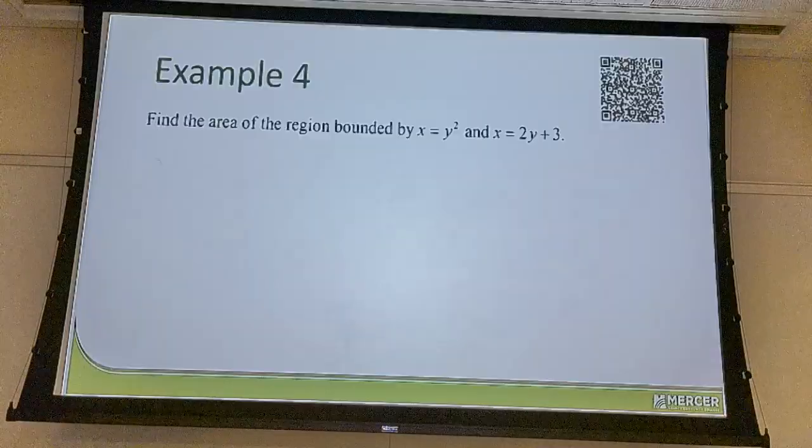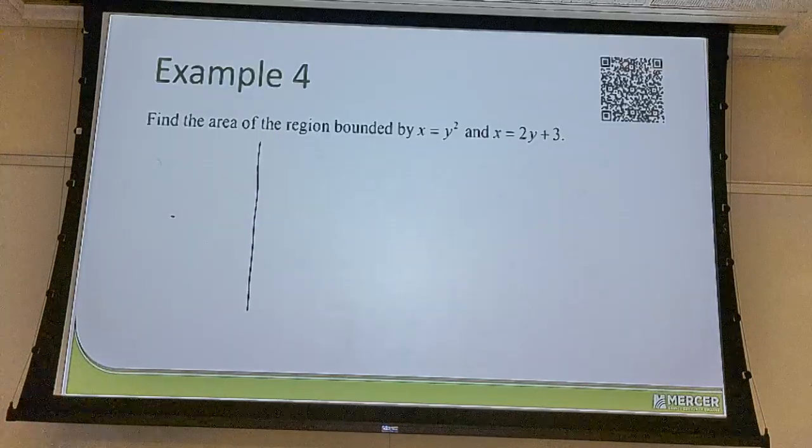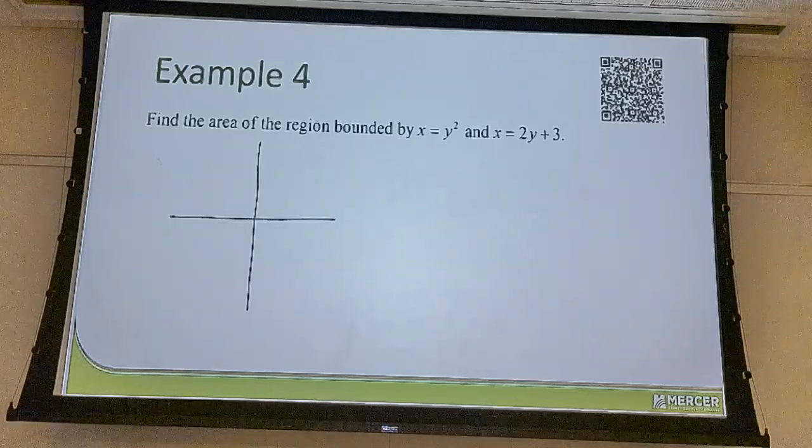X equals y squared, and x equals 2y plus 3. Take 90 degrees.